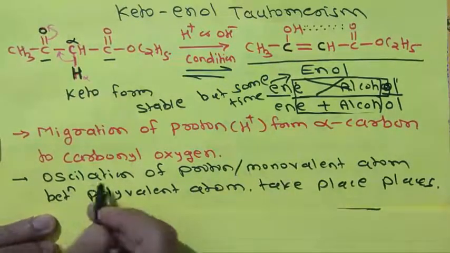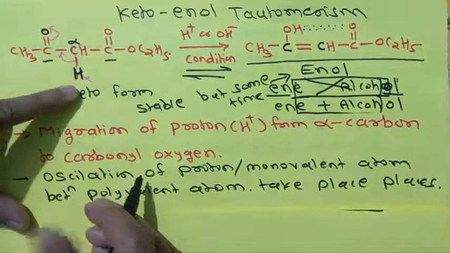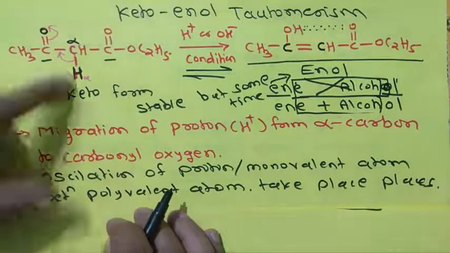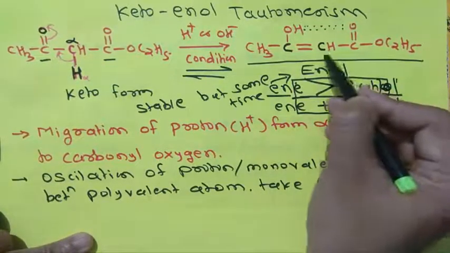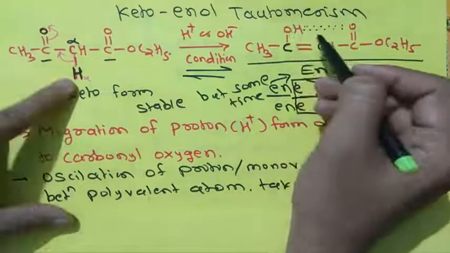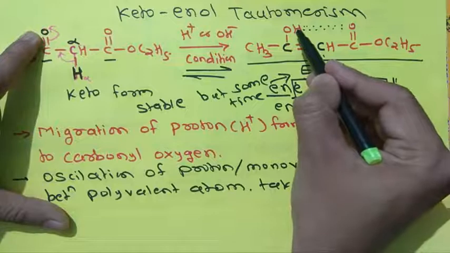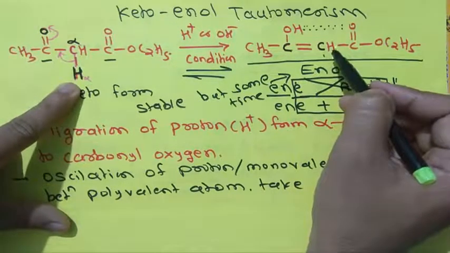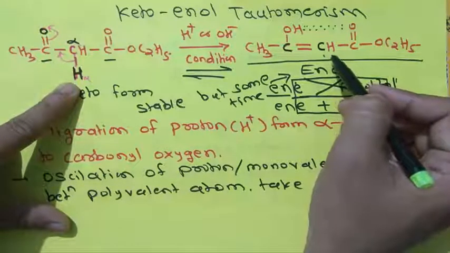Here oscillation means to-and-fro migration. This hydrogen goes to this side, and this hydrogen can go there also, to form this structure. Again this hydrogen can go there to form this structure. This is called oscillation of the proton, or migration of the proton.